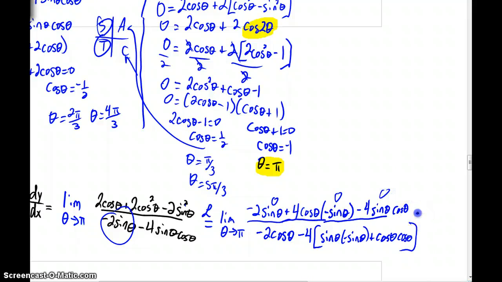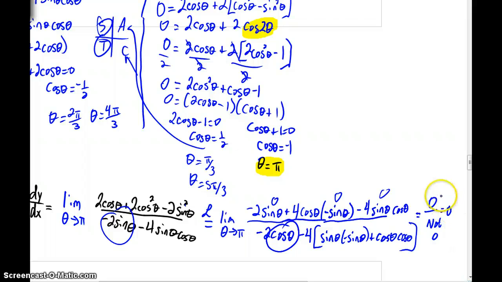So my numerator is going to be 0. Down below, cosine of pi is negative 1. That's a 2. And I can tell you right now that this is not 0. Down below, 0 divided by something that's not 0 is 0 itself.